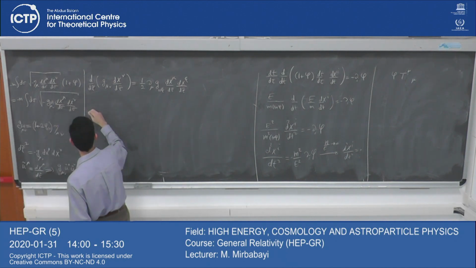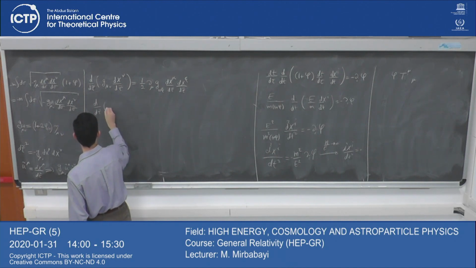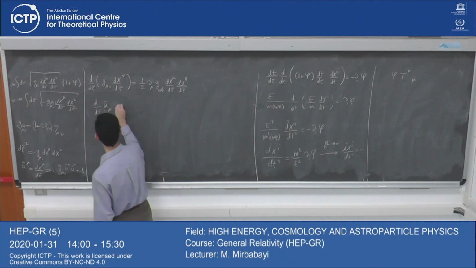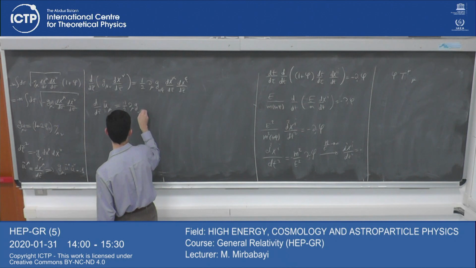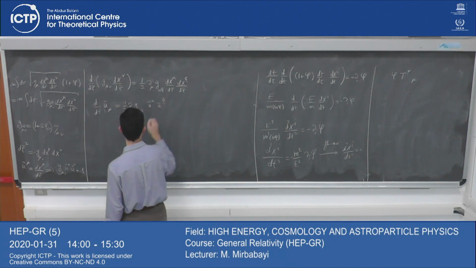So for instance, this equation could also be written as d by d tau tilde of u tilde mu with lower index is equal to 1/2 d mu of g alpha beta u tilde alpha u tilde beta.